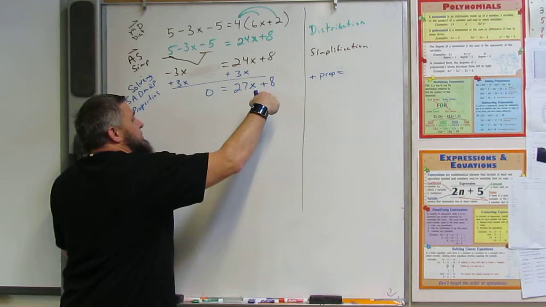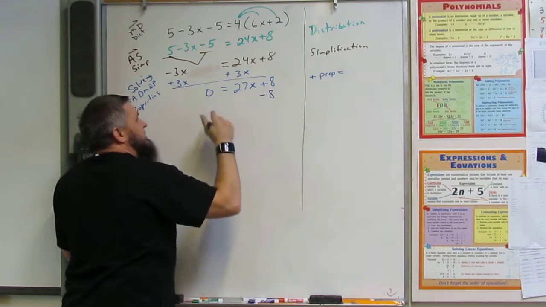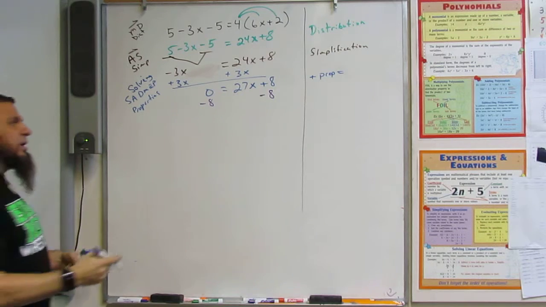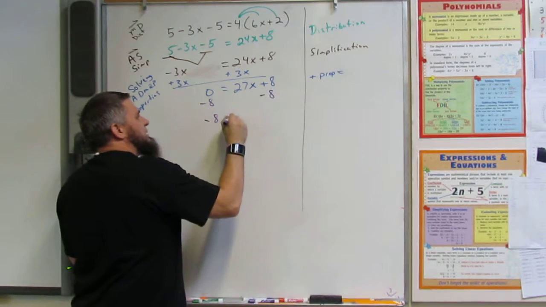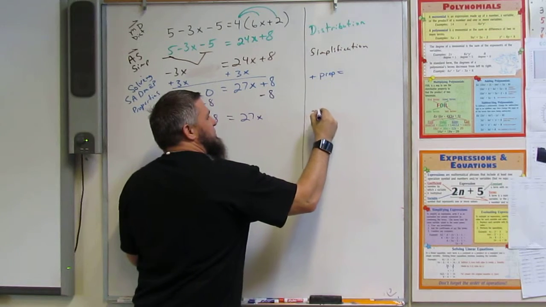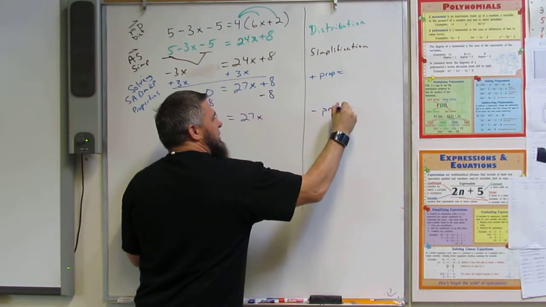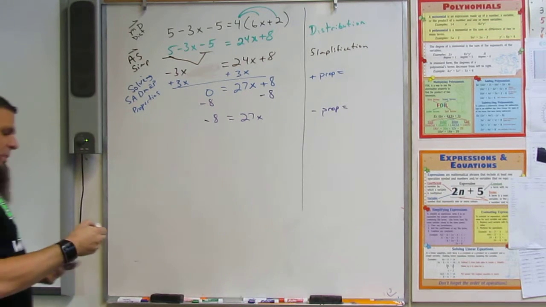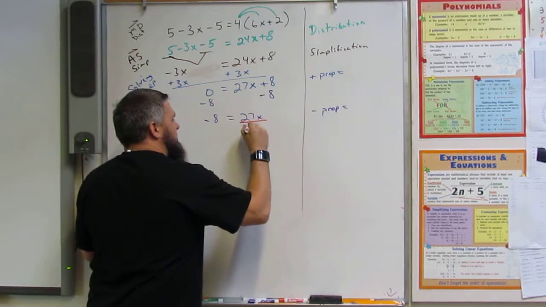Now we got to do subtraction from both sides, because we're trying to get the x alone. So I've got negative 8 is equal to 27x. And that's subtraction property of equality. And then my last step is what? Division.